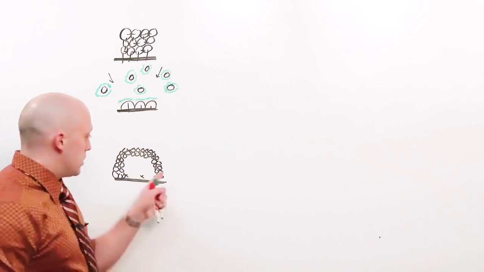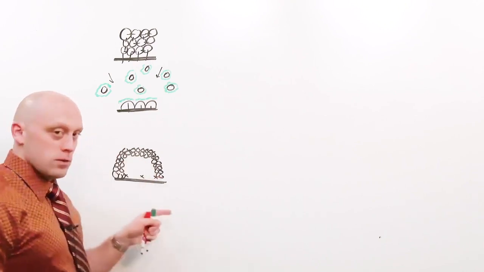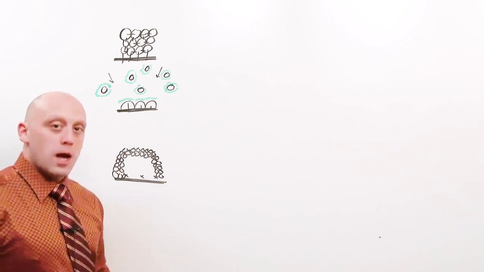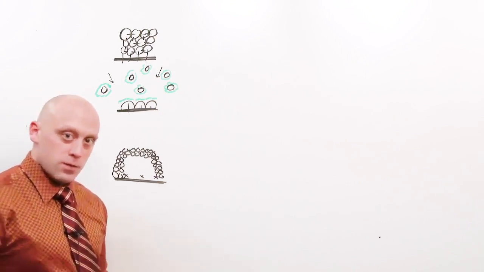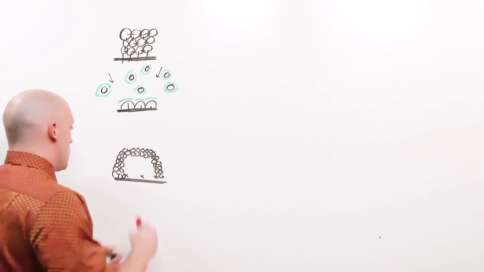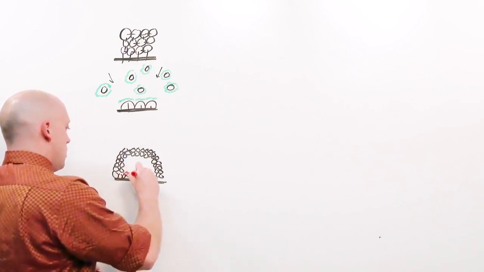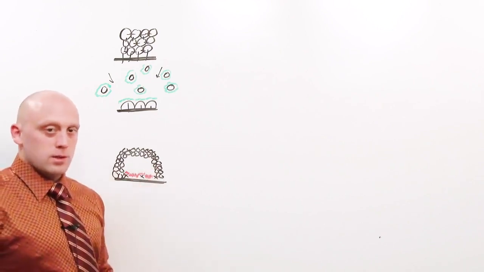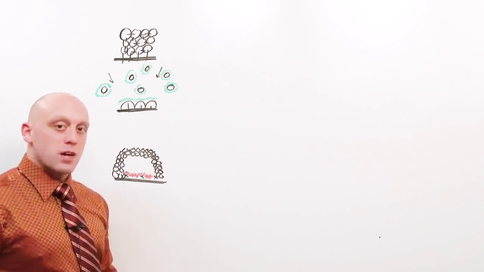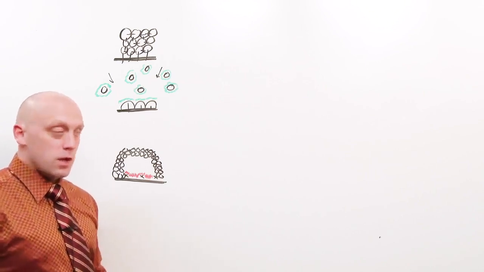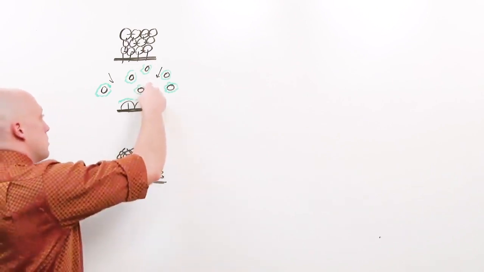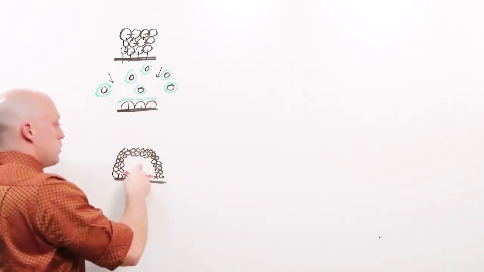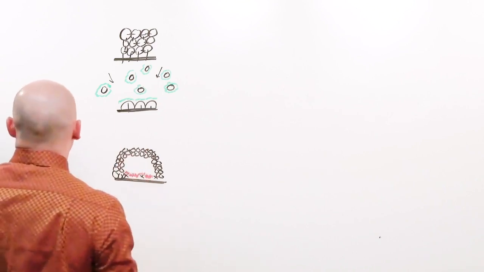This blister is going to have a thick wall and therefore will not rupture easily. And if you did some staining, what you'd see is stain only at the basement membrane. And that's a lot of pathology, but it makes this very easy if you understand the difference up front. This is pemphigus, this is pemphigoid. Let's see how we use it.